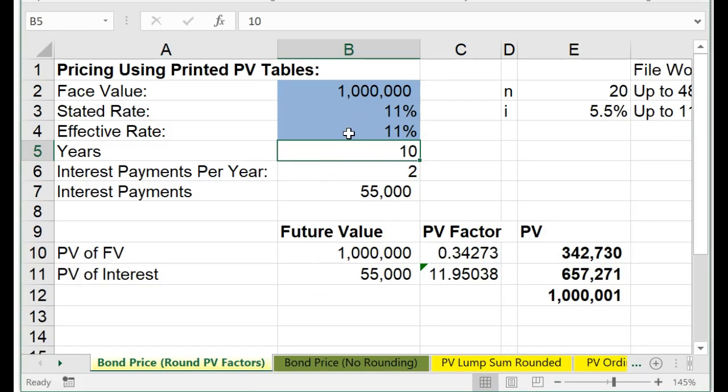Notice in this case, it will round. So let's go back to where our effective rate was the 9% for that 20 years. And so we end up with our 1,184,000 here. So if you look, that's your bond price.